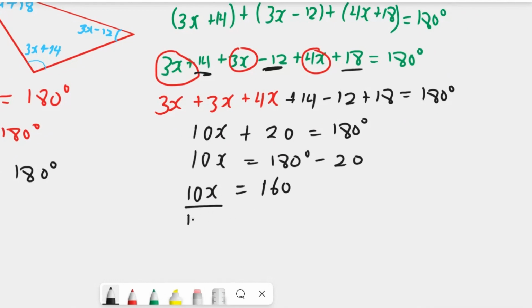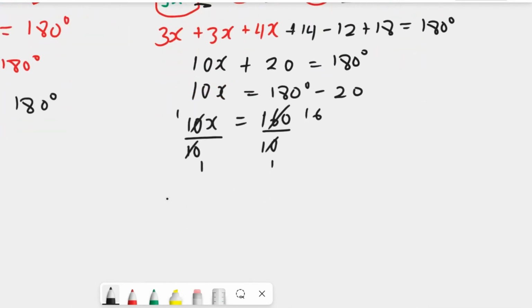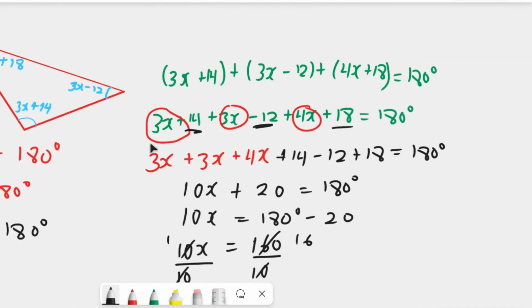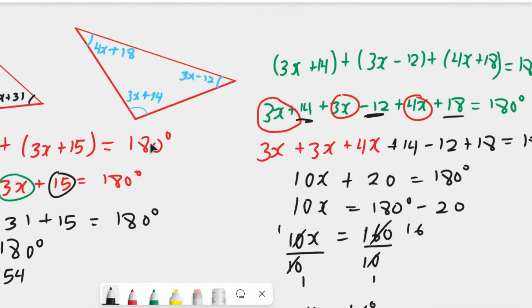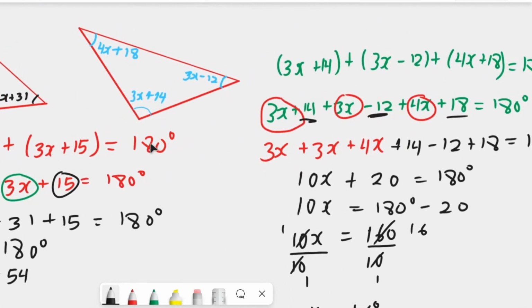We divide here by 10, and 10 goes into 160, 16 times. So that means that x is equal to 16 degrees. So that's the value of x. That is how you're supposed to find the values of x in this. And we have used the angle property that states that the sum of the interior angles of a triangle is equal to 180 degrees.